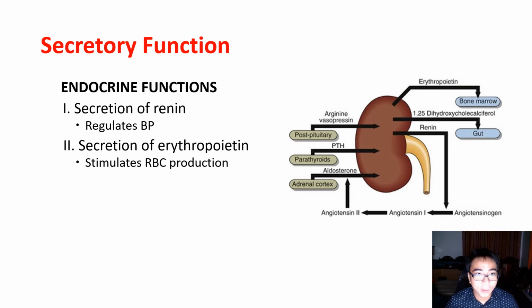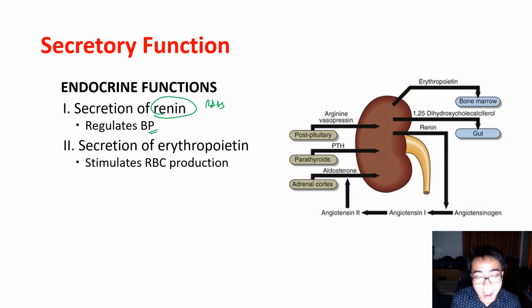Now, as for its secretory function, class, it has two main types. For the secretory function, it has its endocrine function. Specifically under endocrine function, class, it involves the secretion of renin, which again is under the RAAS. All right, I won't discuss this in detail, class, because you'll be discussing this in pharmacology, in pharmacodynamics.